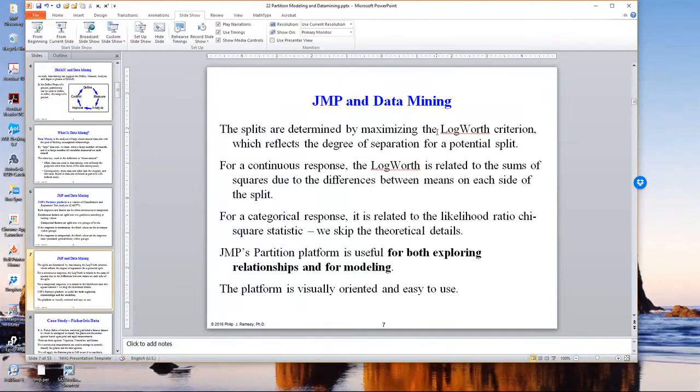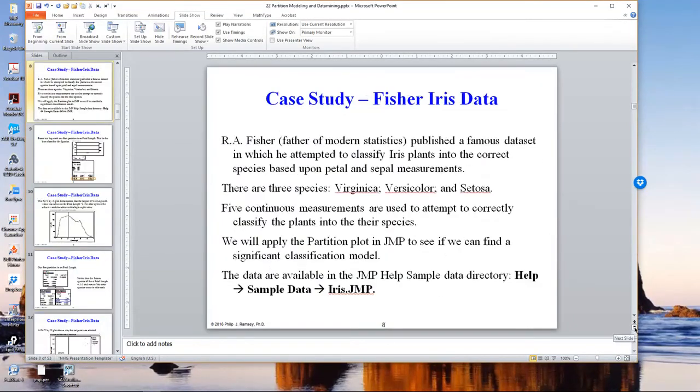In fact, I have found in many cases, even in complicated scenarios, partition or CART modeling has quickly gotten us to focus in on the right small set of factors that are the best predictors of the response. So it's a very efficient and very effective exploratory and statistical modeling technique.